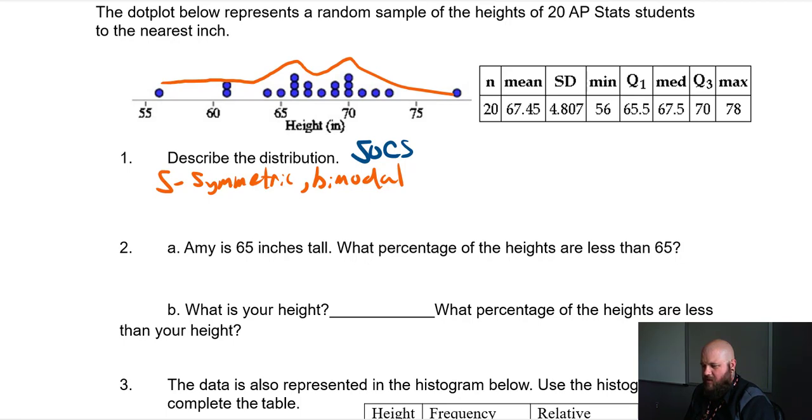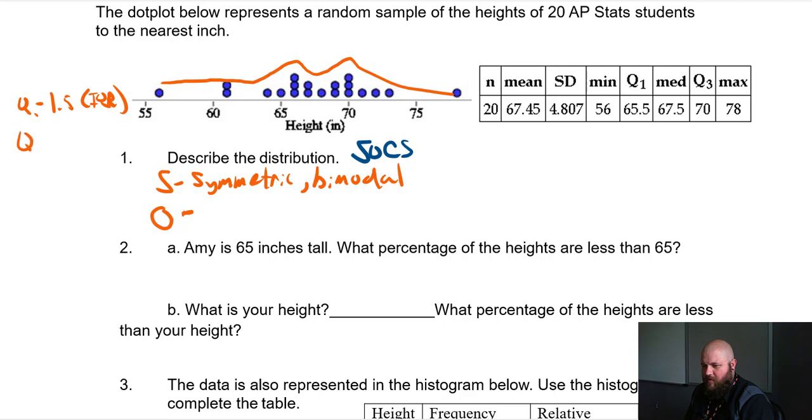So then let's look at outliers. So our outliers, well, what is our equations for that? So in this case, I'm going to write them over here. We have Q1 minus 1.5 times our IQR.